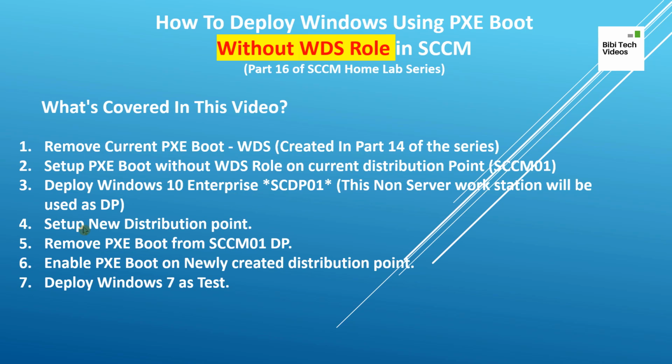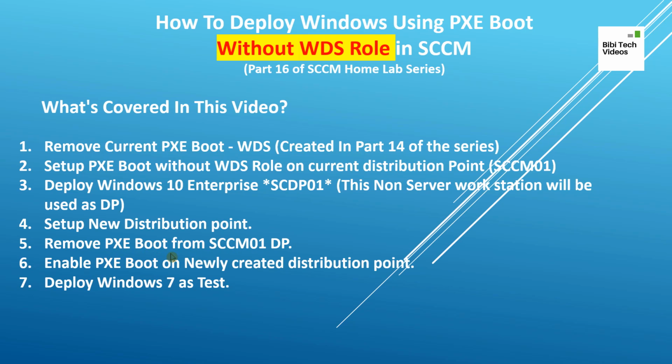While I'm doing that setup, I will also go ahead and remove the PXE boot from the SCCM 01 distribution point. This is step 2, basically. This way I can show you guys that the only distribution point that has a PXE boot set up in my environment is SCDP01.